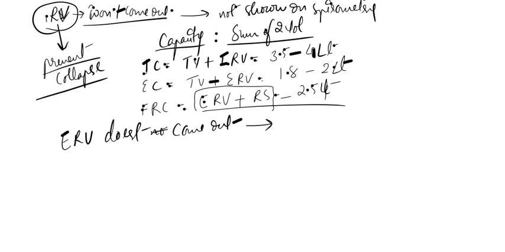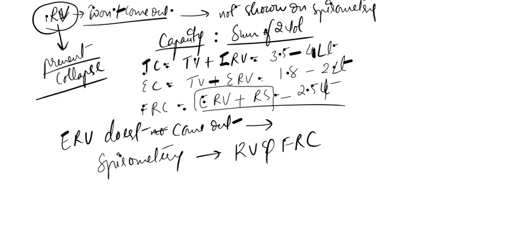So spirometer doesn't give values of RV and FRC, functional residual capacity, because ERV doesn't come out, residual volume doesn't come out.